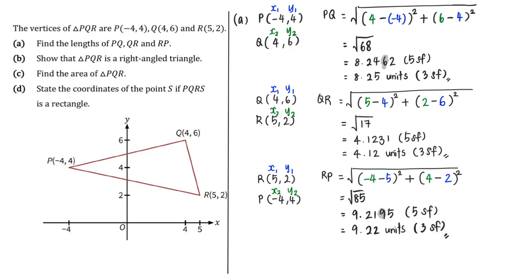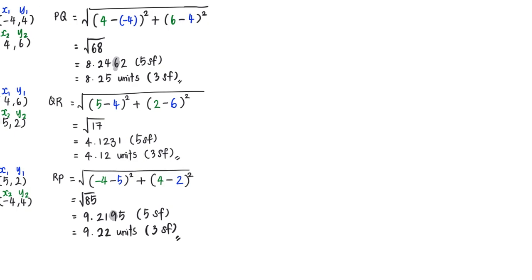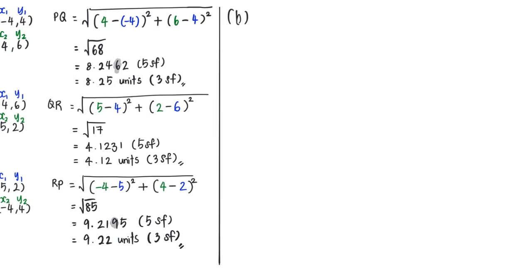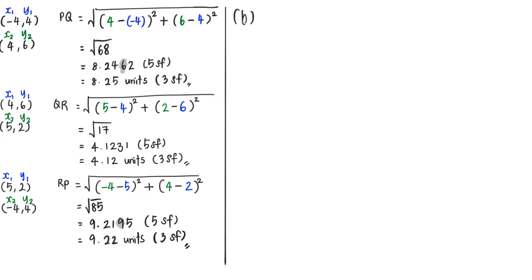So I am going to create a space now for my part B. Part B will be here. Let me just draw a line. Alright, so for part B, I noticed that the RP is the longest line.